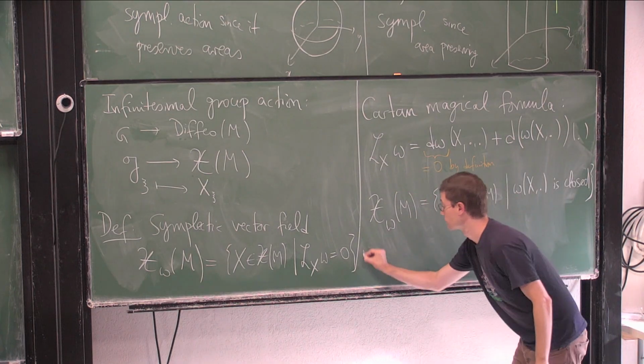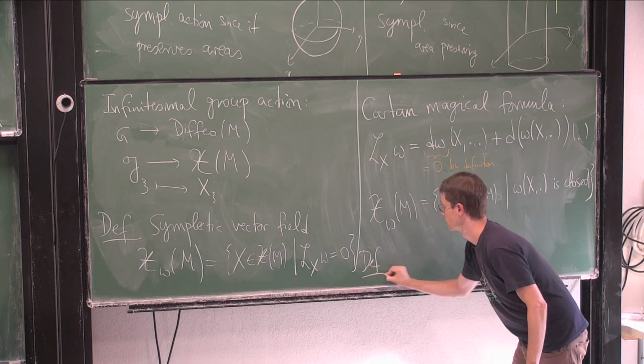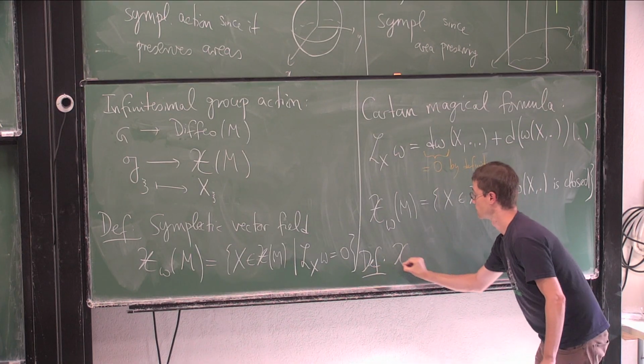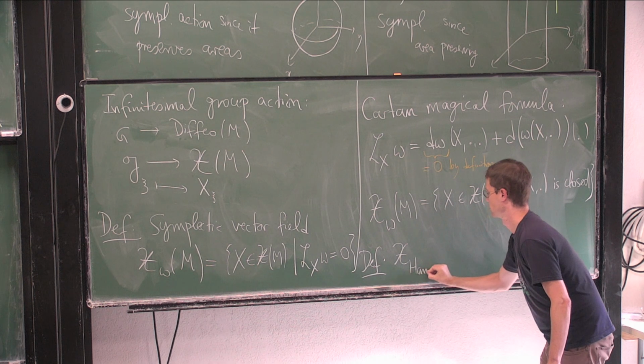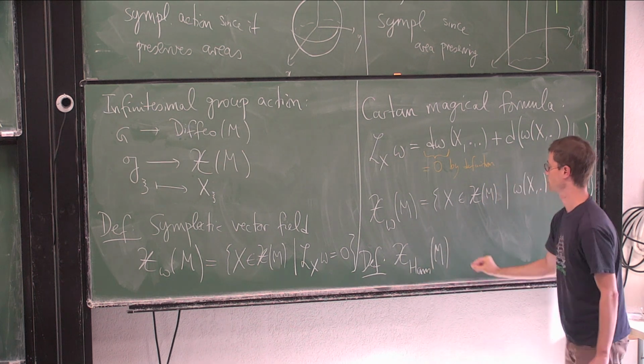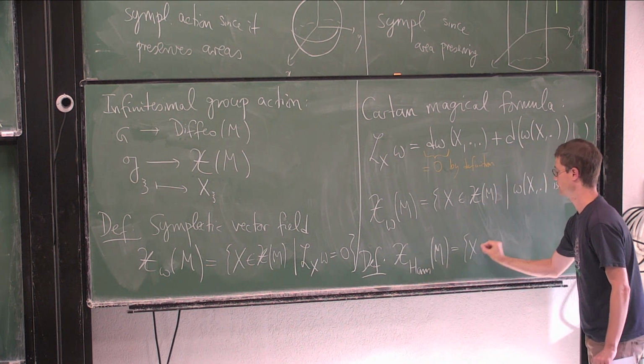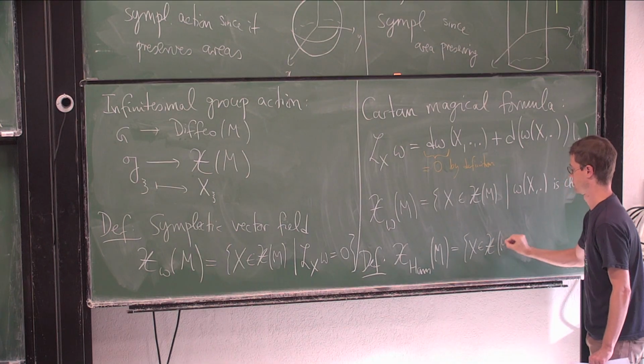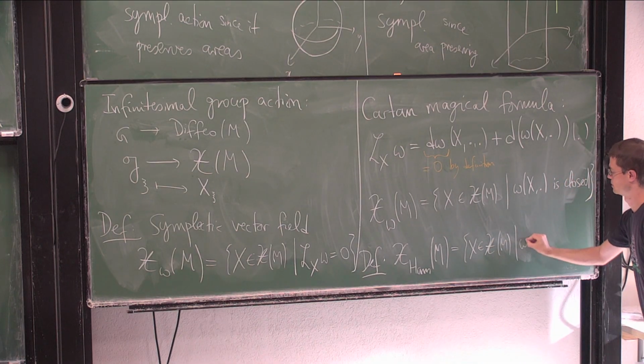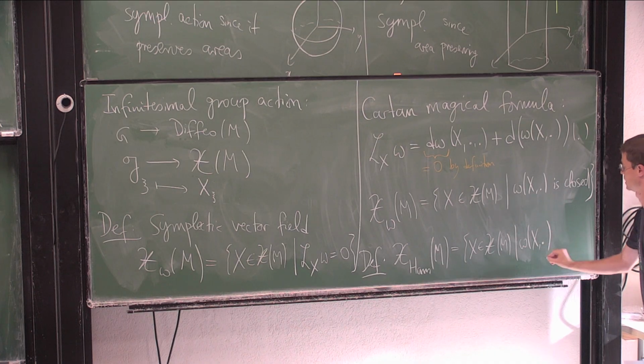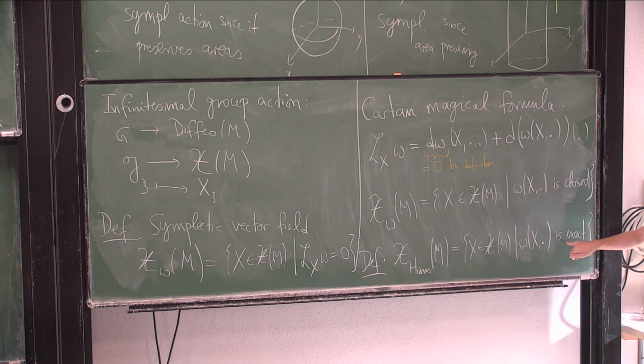And then once you have this characterization, you can define the Hamiltonian vector fields. It's almost the same thing, but you want this to be exact. I'm not sure if you're used to this terminology. Exact means it is the differential of something.